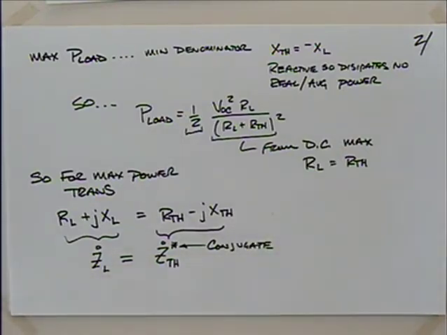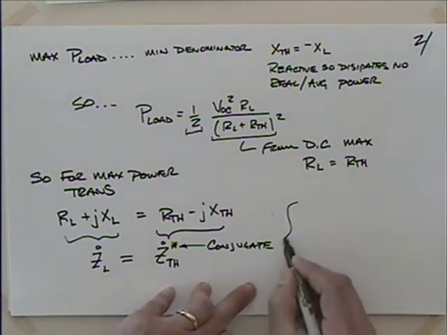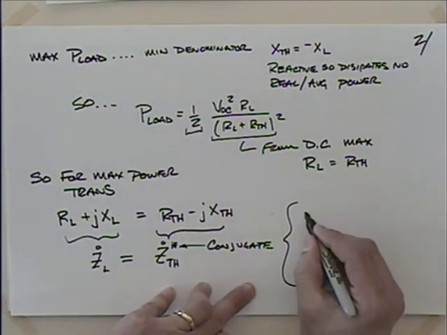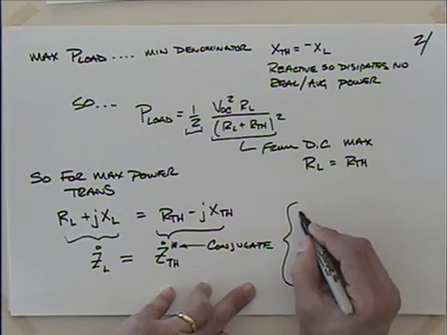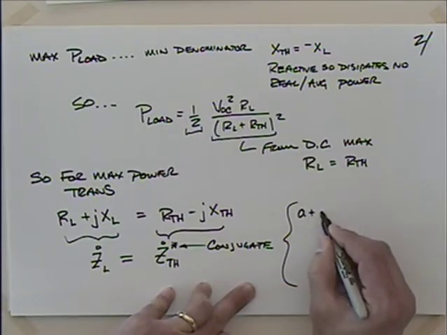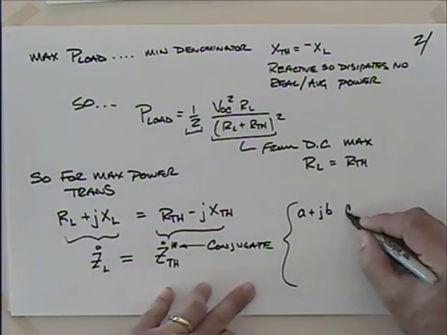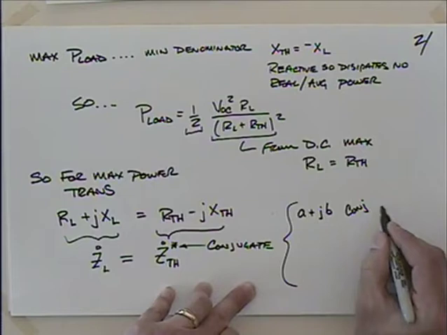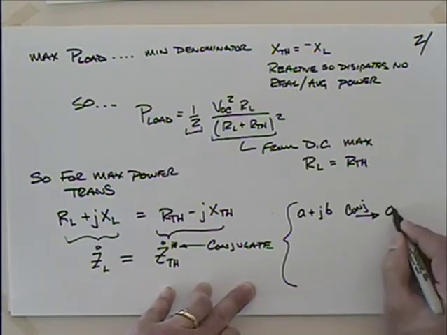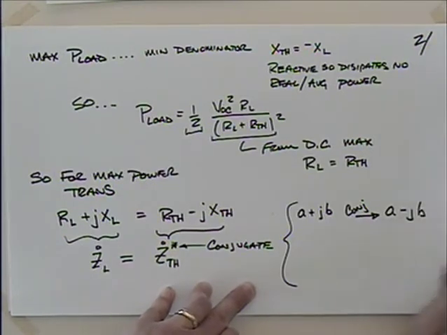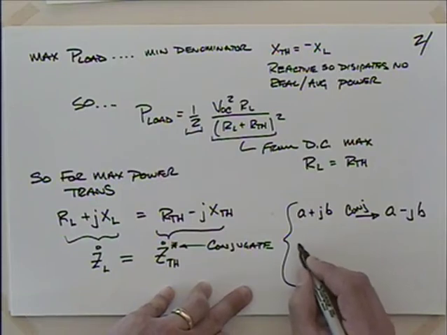Okay, and the conjugate is not particularly complicated. If you have A plus jB, the conjugate is A minus jB. What if you have this in magnitude angle form?